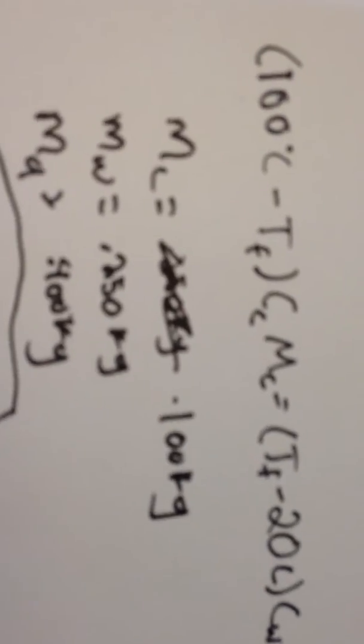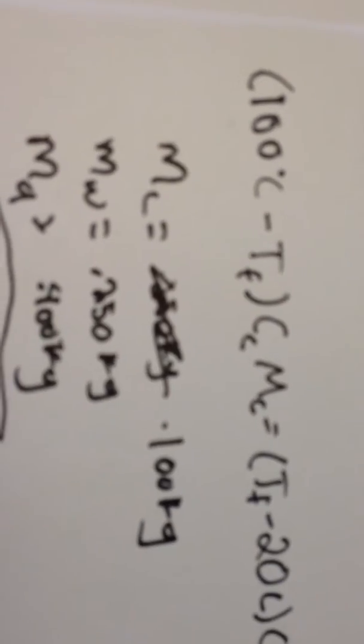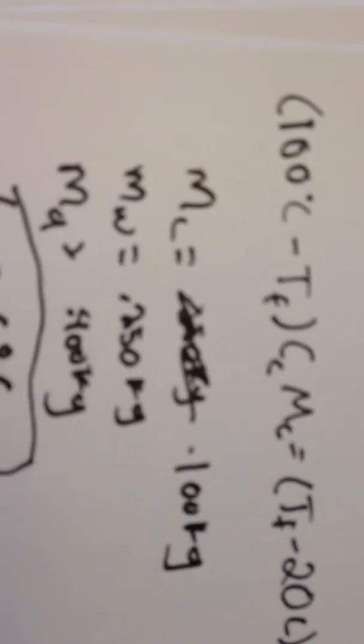Given the masses, mass of copper is 0.1 kilograms, mass of water 0.25, mass of aluminum is 0.4. You plug in the specific heats to the C's and the masses to the masses, and then you solve for T final, which you get is 23.6 degrees Celsius.